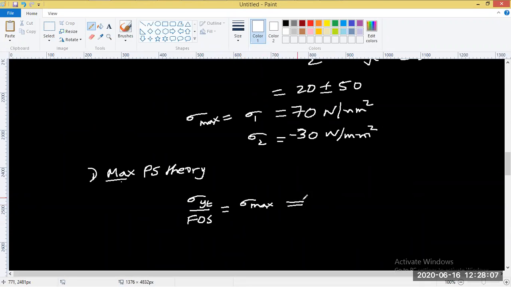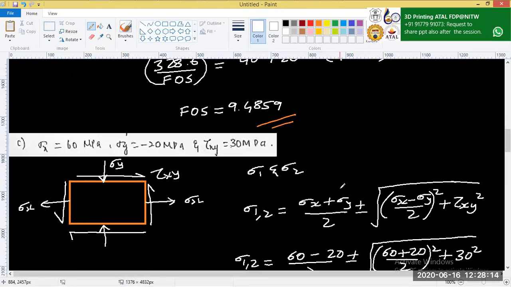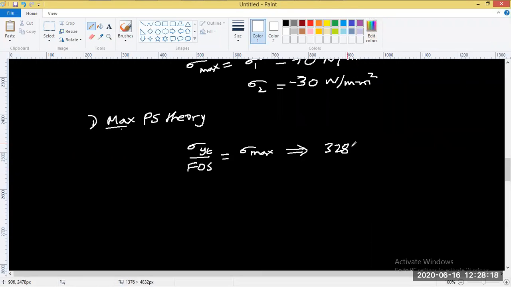So you get from this, sigma yt is 328.6. This is 328.6 over factor of safety is equal to sigma maximum. What we got here was 70. So therefore we can find what is the factor of safety here.